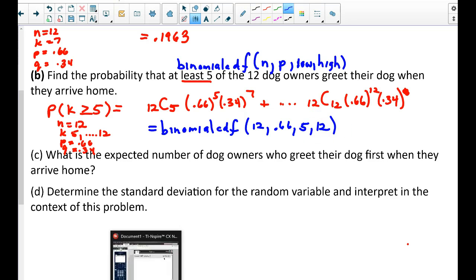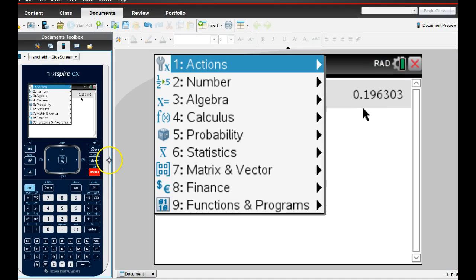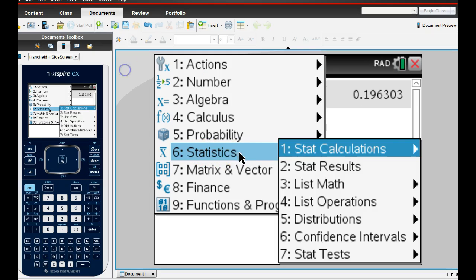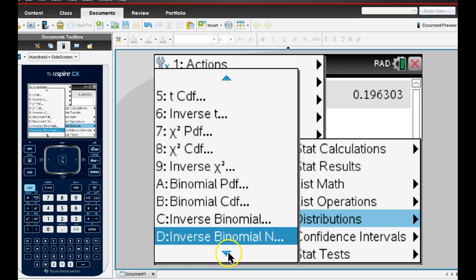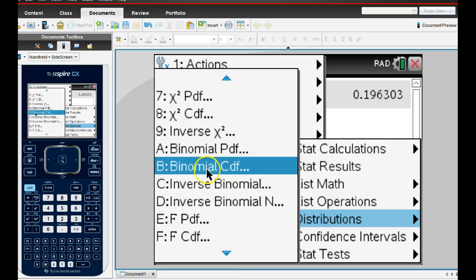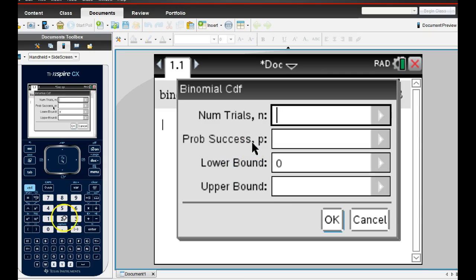And let's go to the handy dandy calculator. And you're going to go in the calculator page, menu, statistics, distributions, and be careful that you choose the right one. You want the binomial CDF, that's choice B. We just fill it in like we did before.